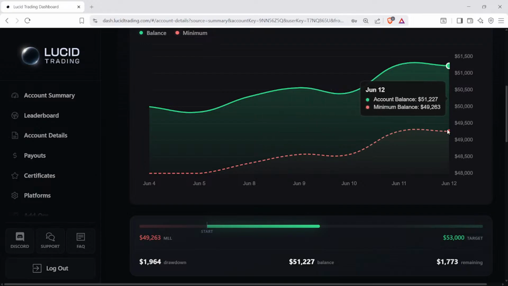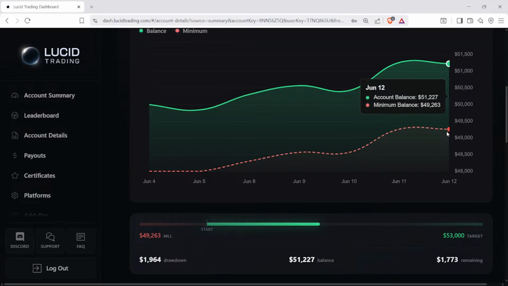So right now, my end of day drawdown is 49,263. If I go below 49,263, I breach this level and I blew the account, and I have to reset the account.